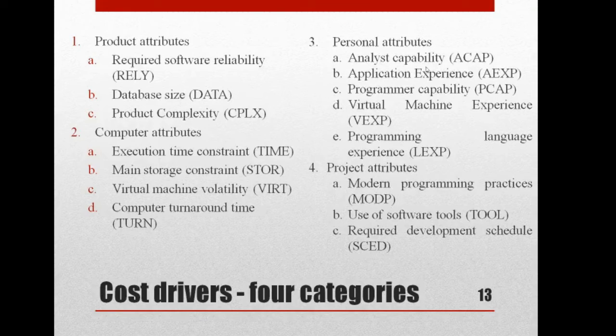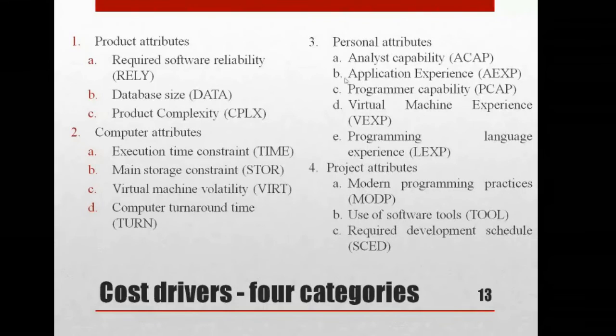Likewise, personal attributes are analyst capability, application experience, programmer capability, and virtual machine experience. And project attributes are modern programming practices, use of software tools, and required development schedule. All these come under project attributes.